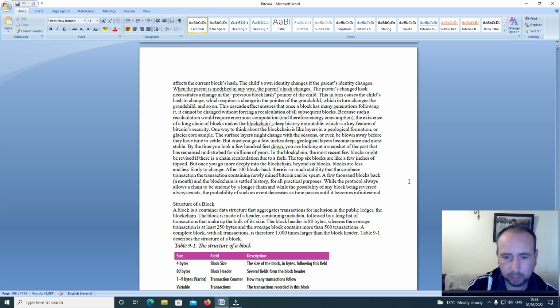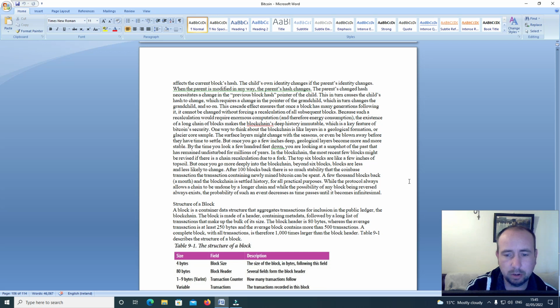The top 6 blocks are like a few inches of topsoil, but once you go more deeply into the blockchain, beyond 6 blocks, blocks are less and less likely to change. After 100 blocks, there is so much stability that the Coinbase transaction, the transaction containing newly mined Bitcoin, can be spent.